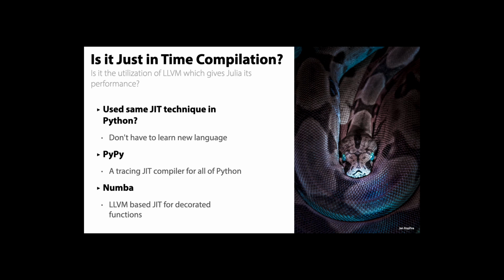To give you a little hint, something like PyPy or Numba, these are existing just-in-time compiler solutions for Python. They existed much longer than Julia, and these are probably much larger, more sophisticated projects. The thing is, the Julia just-in-time compiler isn't a really fancy thing. It's a simple method compiler.